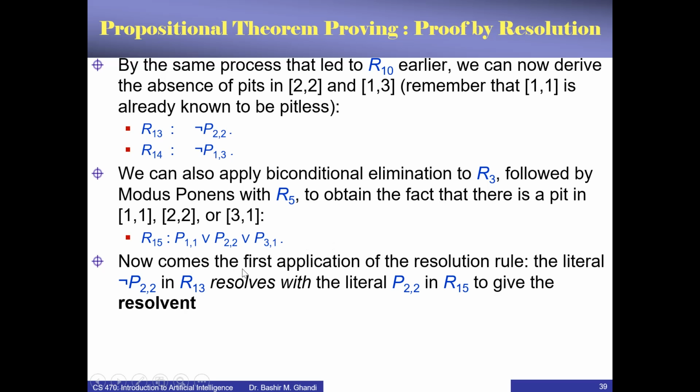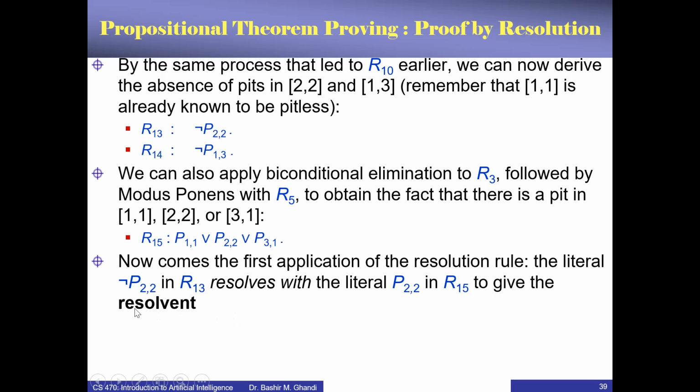And now comes the first application of the resolution rule. The literal not P22 in R13 resolves with P22 in R15 because they are complementing each other. If they are complementing each other, basically what we do is we eliminate them. This is what is called resolved.